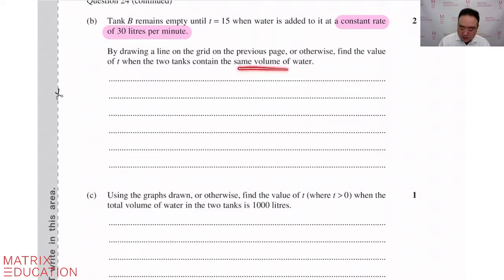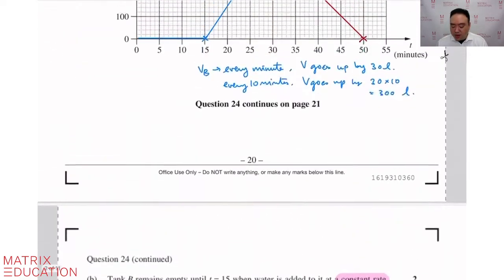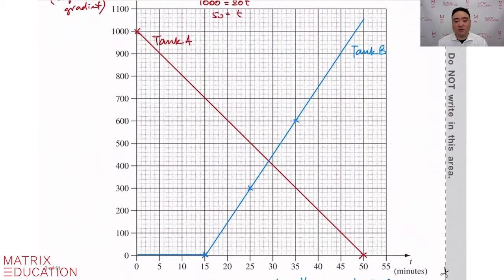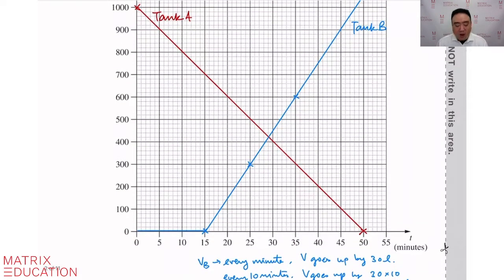When the two tanks contain the same volume of water, we are looking for where the two graphs intersect. Now, for standard students, you may want to interpret from the graph. For advanced students, if you can construct the equation of each straight line, you can solve them simultaneously. So where the volume is equal, that means where the two graphs intersect, and that means we have this point of intersection right here.